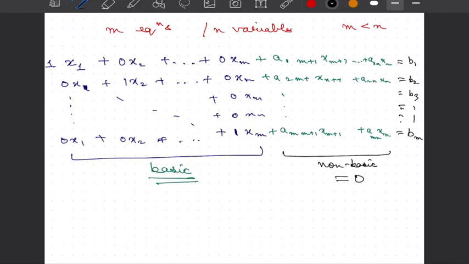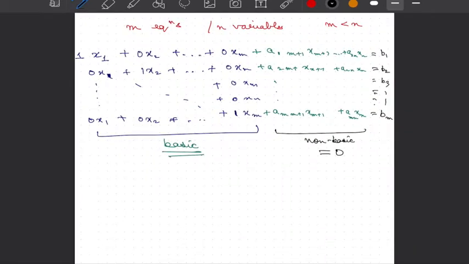Also, we will make our objective function one more equation here. You know that in the objective function, none of these slack variables will appear, because the objective function has nothing to do with constraints as far as slack variables are concerned.